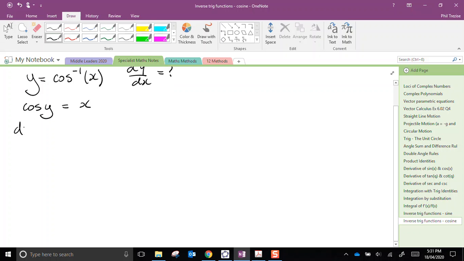Now on this side, as I explained last time, I'll have to take an implicit derivative. So dy/dx multiplied by d/dy of cosine y, and then d/dx of x. If we look carefully, on both sides I've just done the derivative with respect to x.